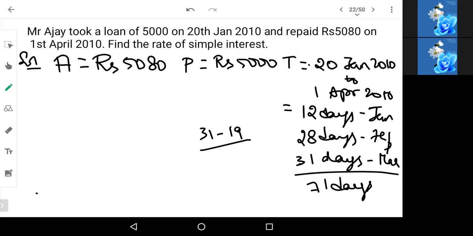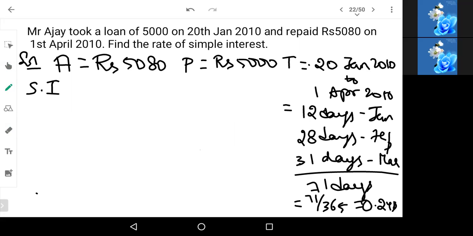Yes, correct, Rida, which is nothing but 71 divided by 365 will give us 0.2 years. So the time is 0.2 years. And one more thing, what you can calculate by using both the amounts given is the simple interest value.